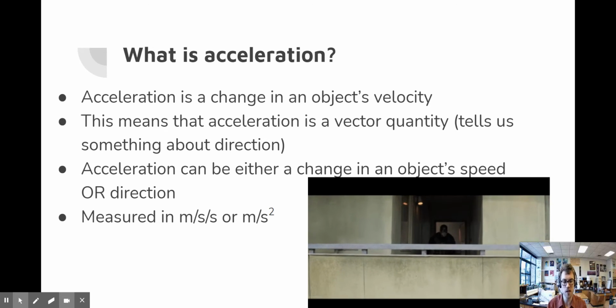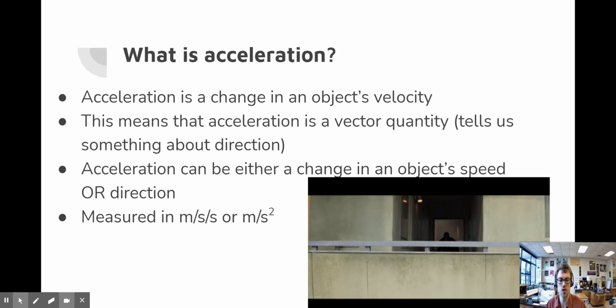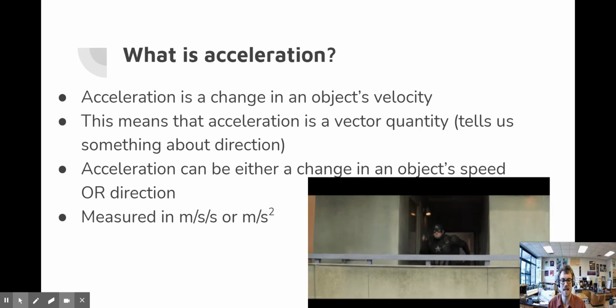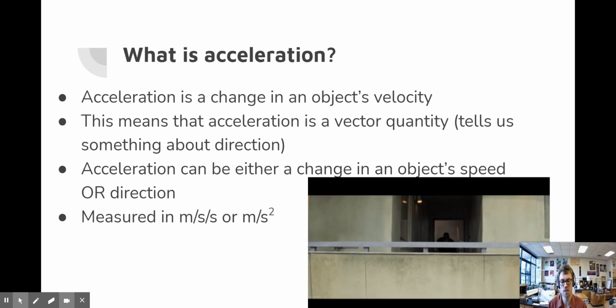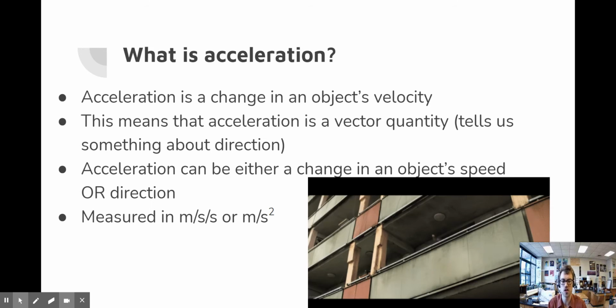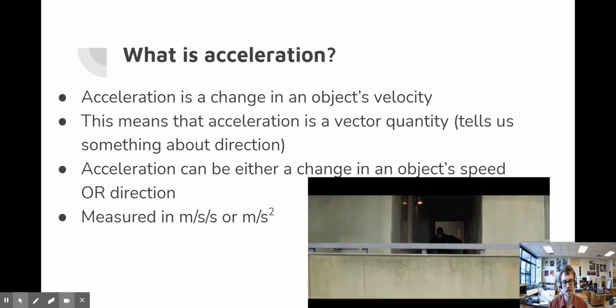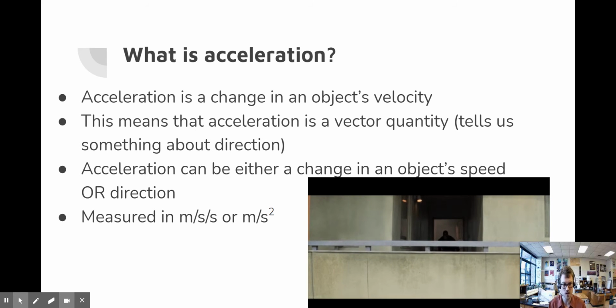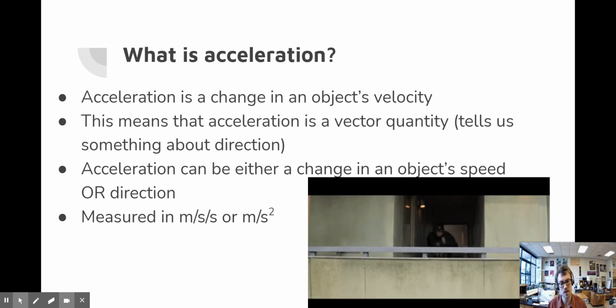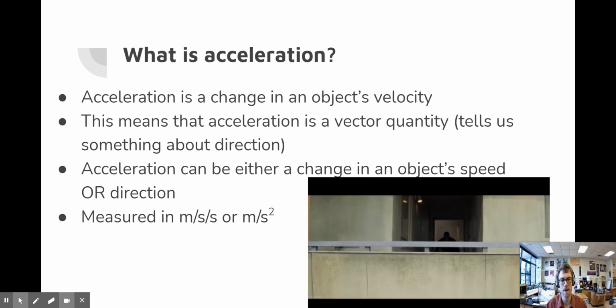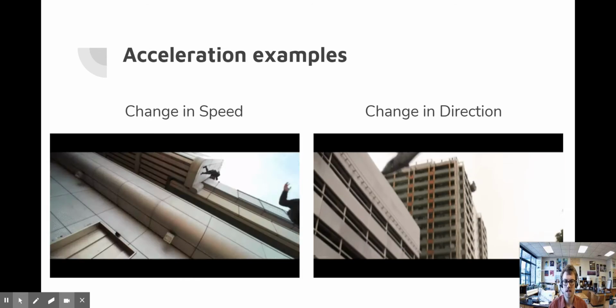And so it's not just meters per second, it's how much your meters per second is changing each second, which is where the second comes in, right? Meters per second squared is telling you how much the velocity is changing each second. And so meters per second squared, again, is just kind of the shorthand for that. You will see meters per second squared more often than you will see meters per second, but they mean the same thing.